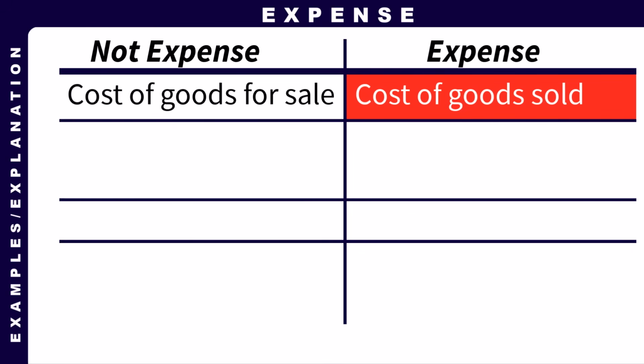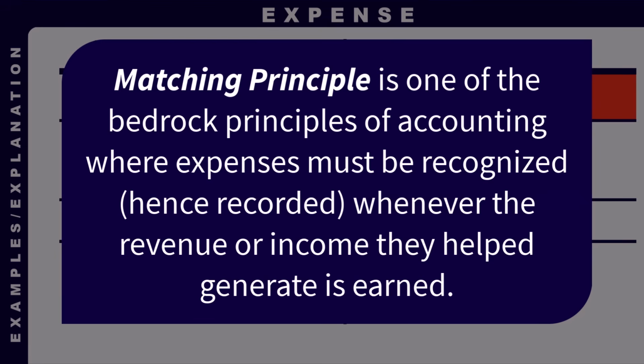Inventory accounting is applicable only to companies that buy and sell physical products, but the matching principle remains valid for all expense and revenue items, regardless of the nature of business operations.